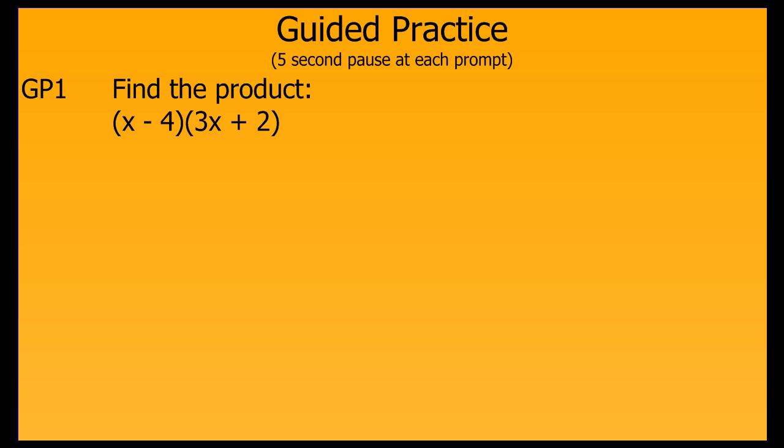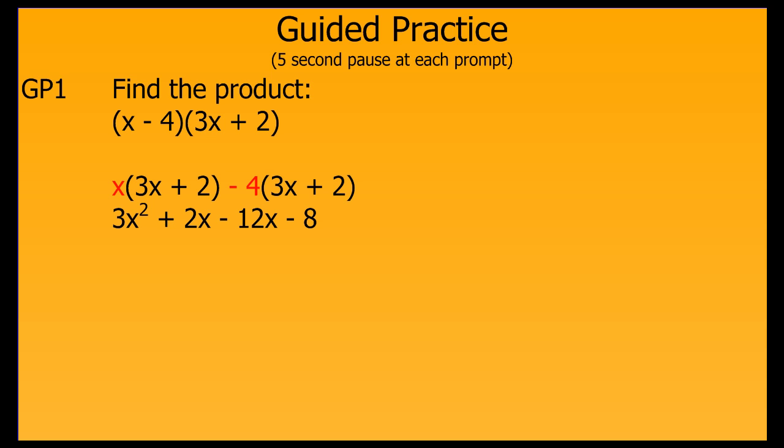What we're trying to do is multiply these two binomials times each other. So how do we do that? We do that by distributing the x and the negative 4 times the second parentheses. Now what? Now we distribute the x times the 3x plus 2, which gives us 3x squared plus 2x.